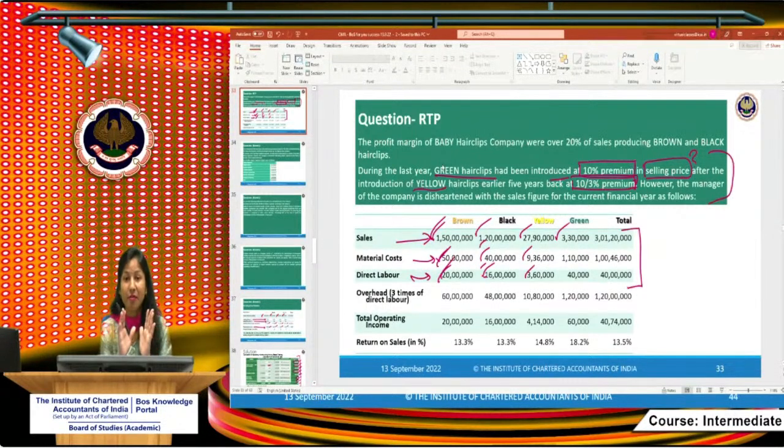But what if the information regarding the actual selling price, which is given in this question later on, is not given? Say just the base selling price is given, 150. Base selling price, that is of brown or black.